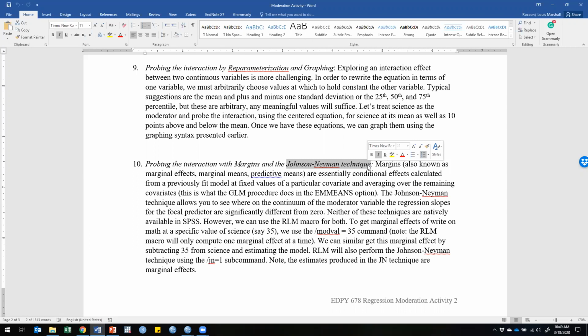statistically significant. Now, there are no native ways to do this in SPSS. You could probably do it by hand, by rewriting the regression equation various ways and calculating simple slopes each way and testing, getting that t value. But the RLM macro that they describe in our textbook will do this automatically for us.